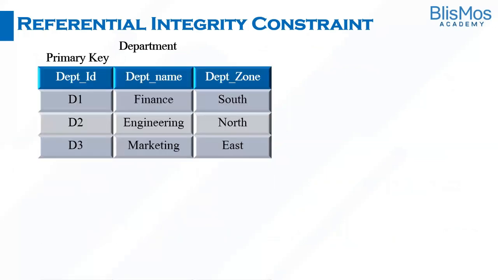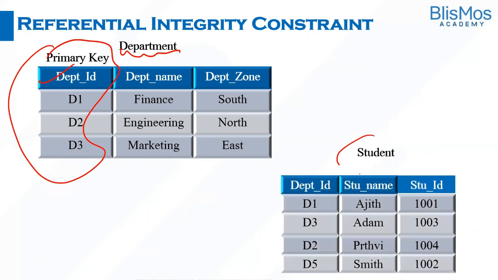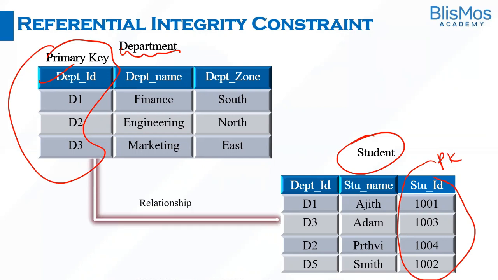Here we have a table called department. The primary key of the table is department ID, and we have another table called student. The primary key of student is the student ID. Now, if we want to establish a relationship between these two tables, the primary key of this table should become a foreign key of this table. That is how we are able to establish a relationship between the department and student tables.